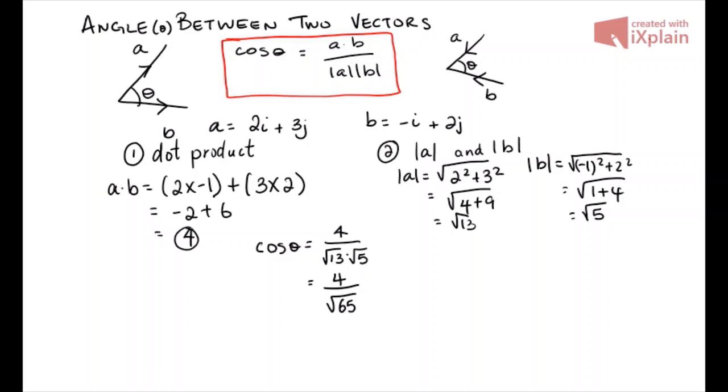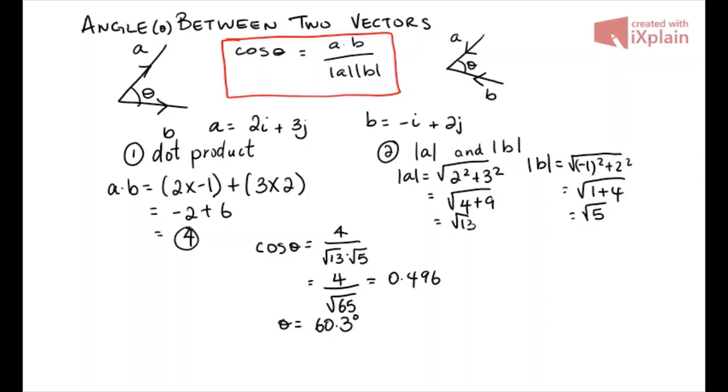That is approximately 0.496, giving us theta to be the cosine inverse of this, which makes it 60.3 degrees. So the angle formed between a and b, the vectors, will be 60.3 degrees. So that's how you find the angles between two vectors using dot product.